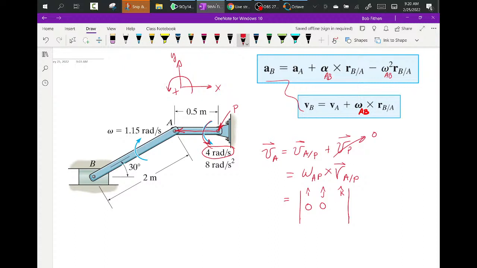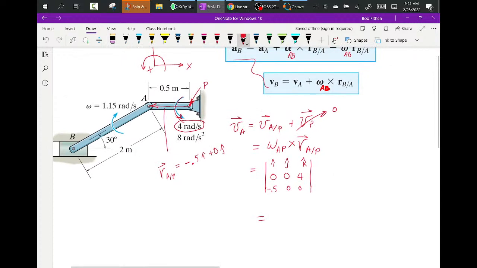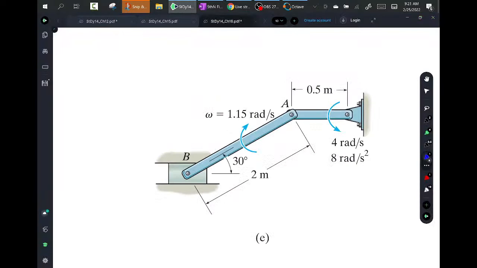It is also positive, so it's a 4. I didn't talk about this vector yet, but this vector R, A to P, has only an I component. It doesn't go up or down. So we end up with cofactor expansion, or we could rely now on a vector component using Octave.